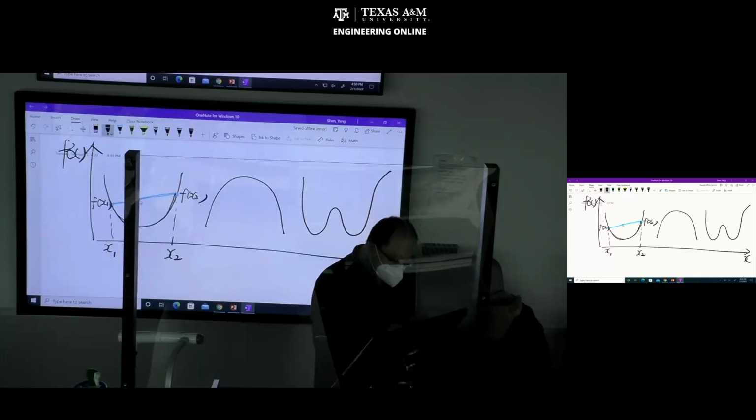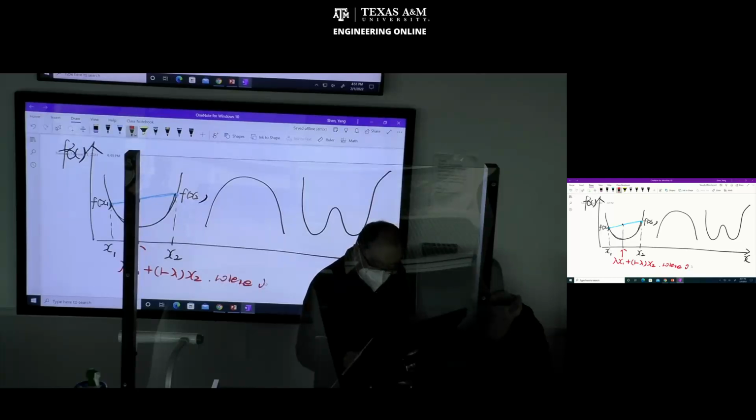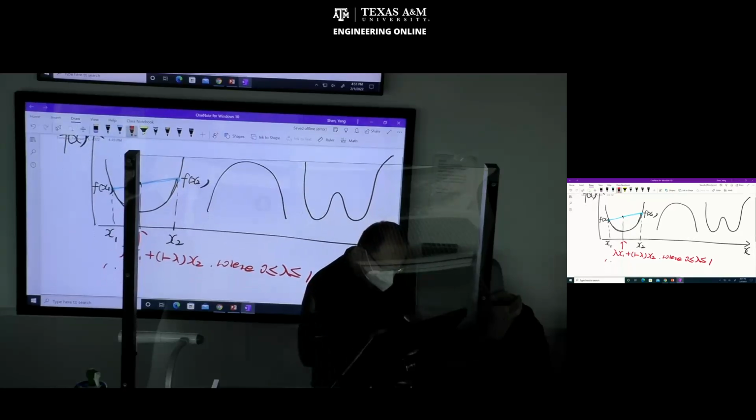And then if you have something in the middle, which is a convex combination of x1 and x2, like a weighted average, that is lambda x1 plus 1 minus lambda x2, where lambda is between 0 and 1. In other words, this is called a convex combination.